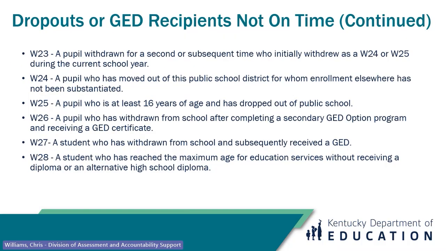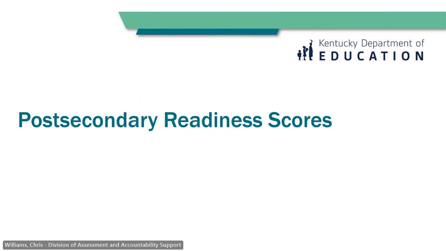Here it is continued with some of those for not on time. That way, when you're filtering that spreadsheet for cohort, you'll know why those students are not on time for you, showing no for you, or whether they're showing yes or NA, and what those mean.